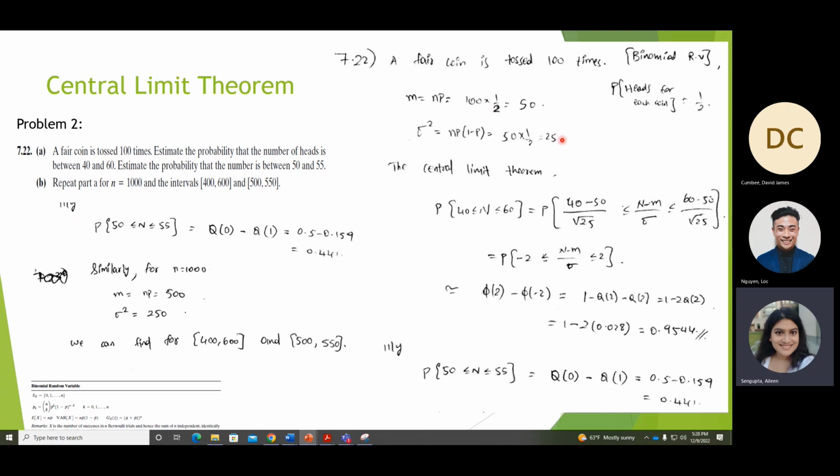Now, according to the central limit theorem, since you have the probability of the number of heads, and we are trying to find that in some estimate, you can estimate this binomial random variable as a Gaussian random variable, and then put this in a Gaussian problem, because these two are not related.